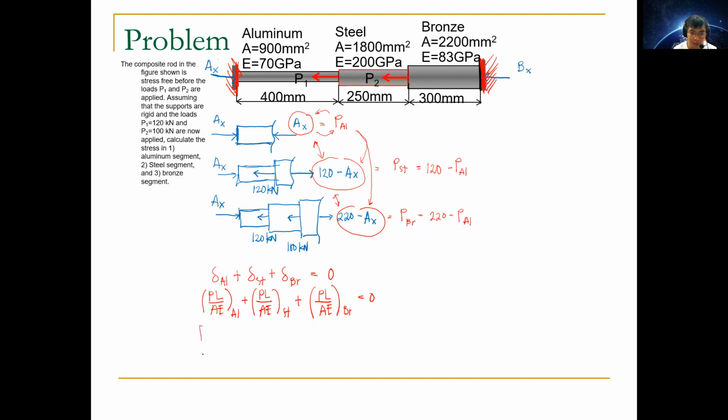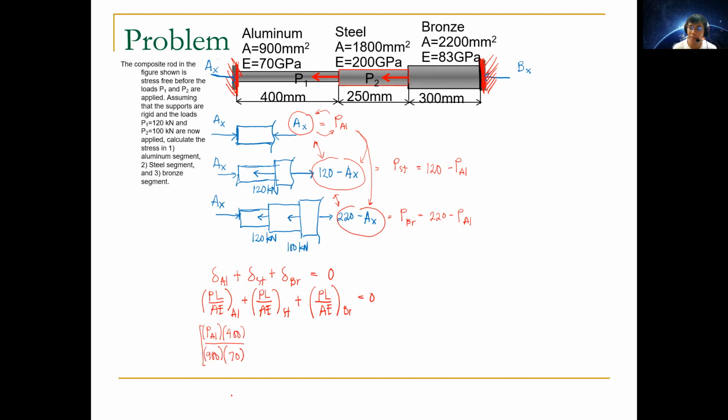Okay, so to start off, you have the force coming from the aluminum, that's PAL, multiplied by the length, which is 400 millimeters, divided by the area, that would be 900, and then 70 GPa.